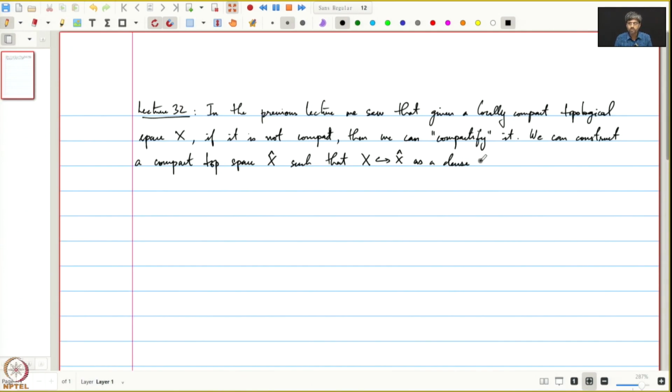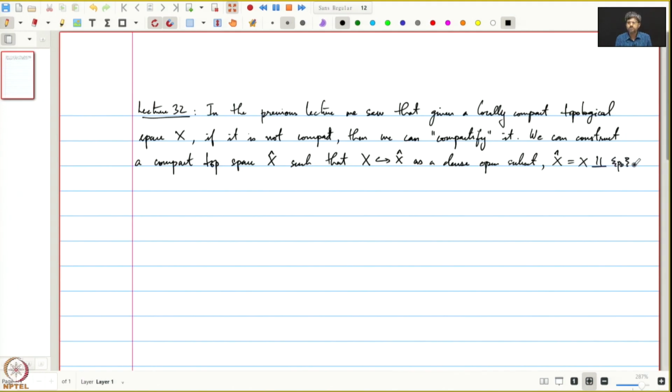Recall that in our definition of compactness, we need X hat to be Hausdorff, and we had proved that X hat is Hausdorff, with X a dense open subset. And in fact, X hat was obtained as just X disjoint union a point P naught.